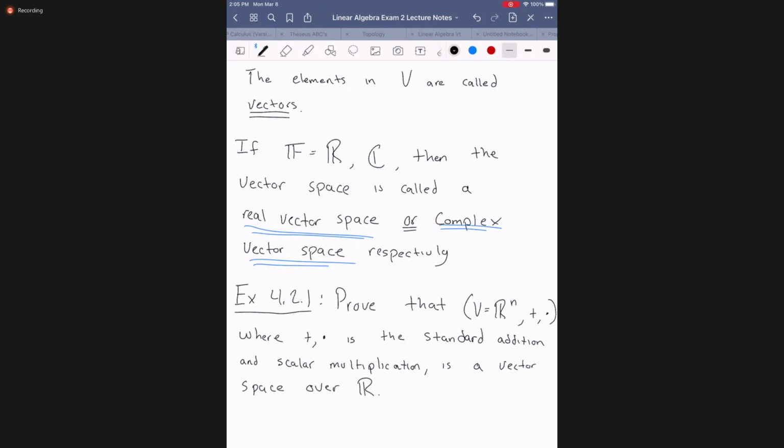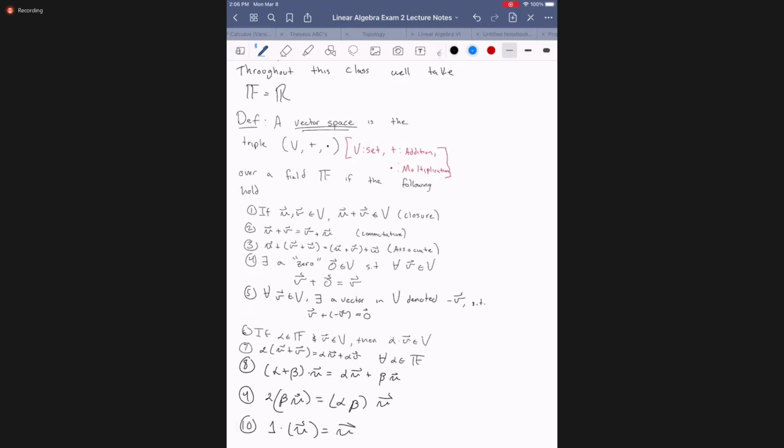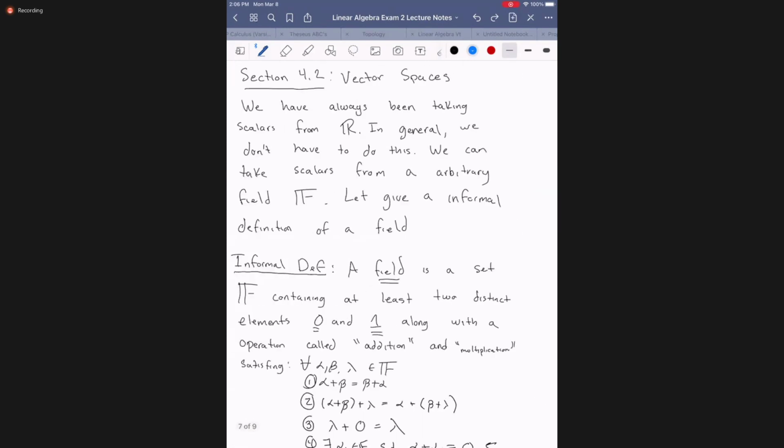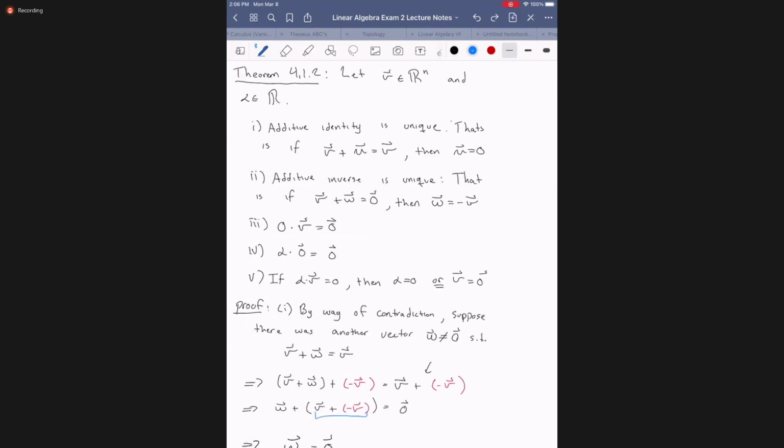Literally, all you have to do is this. What I mean by the standard addition and scalar multiplication is just the standard addition of vectors, how we defined it, and the standard multiplication of scalars and vectors, right? So how do you prove that this is a vector space? Well, literally all you have to do is go and check every single one of these, like a list. If you can check every single one, then you basically prove that this thing is a vector space. Now, if you remember, I spent some of last section doing this part right here.